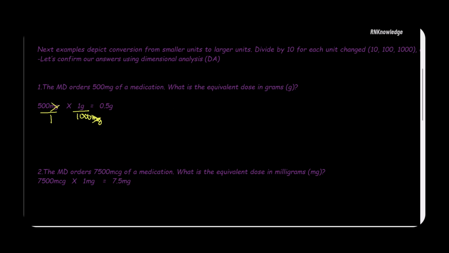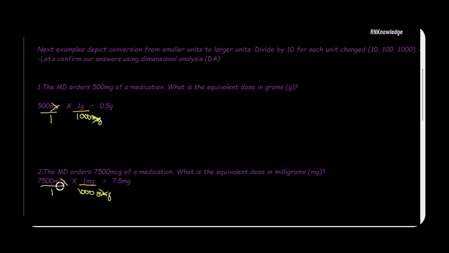Problem number 2. The MD orders 7,500 micrograms of a medication. What is the equivalent dose in milligrams? We set up the equation putting the 7,500 micrograms of the MD ordered first times the conversion factor of 1 milligram over 1,000 micrograms. Our micrograms diagonally cross cancel.